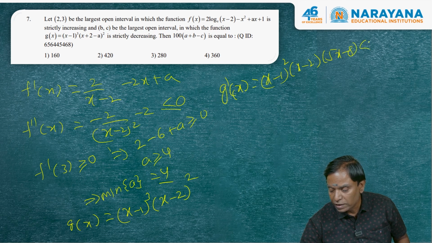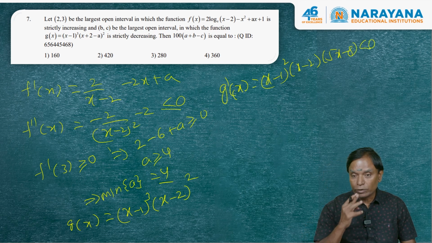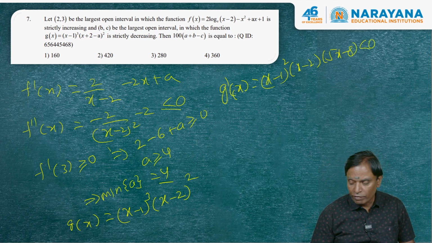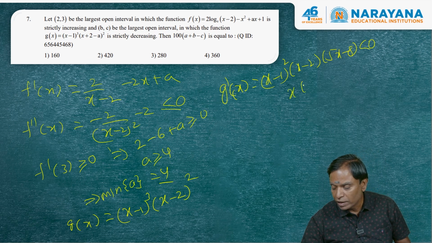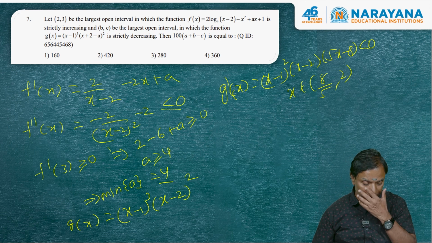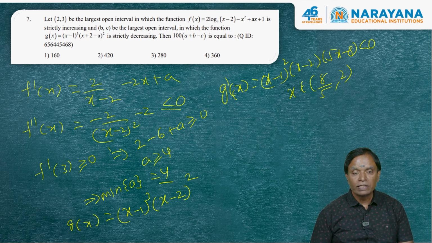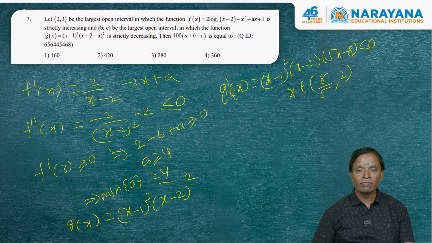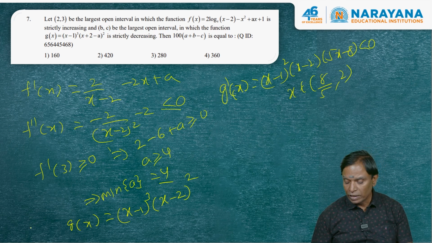Since it is decreasing, it must be less than 0. So you can go for wavy curve method and you will observe that x belongs to (8/5, 2). So your b is 8/5, c is 2, and you can substitute in 100 into (a + b - c), right? We'll go to the next problem.